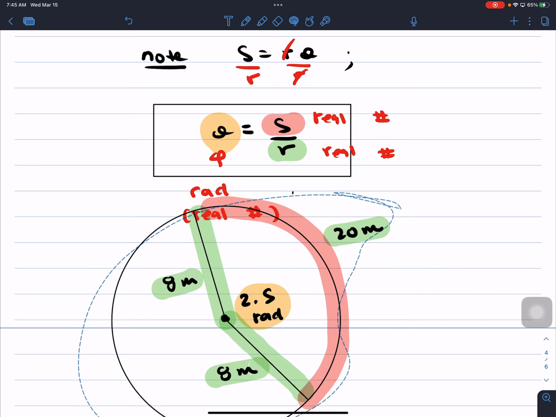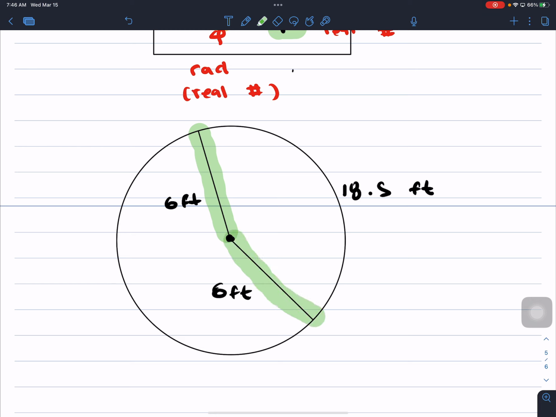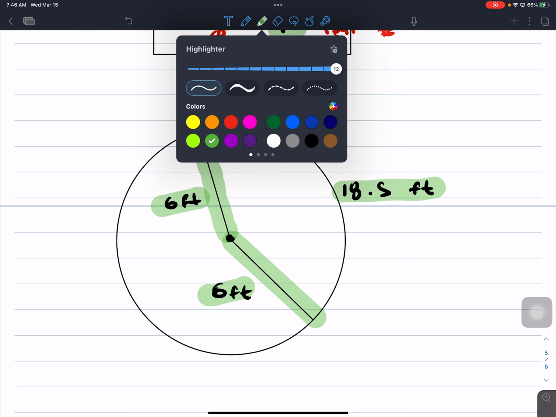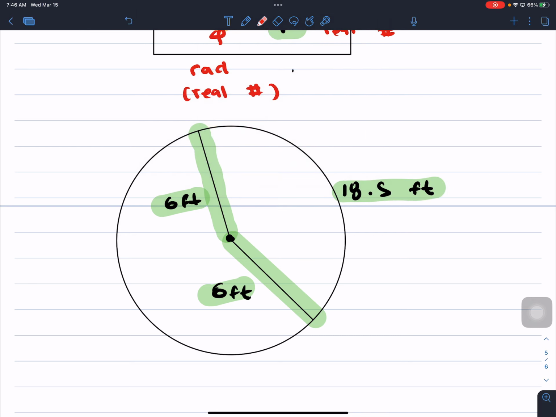Okay, this measures 6 feet. This is 6 feet, okay? And this is going to be, let's say, 18.5 feet. So notice what they're giving us. They're giving us a radius. And then what is this? They're giving us that distance, but that distance is really what? That's the distance of the arc. Now they're going to leave this angle here as theta.